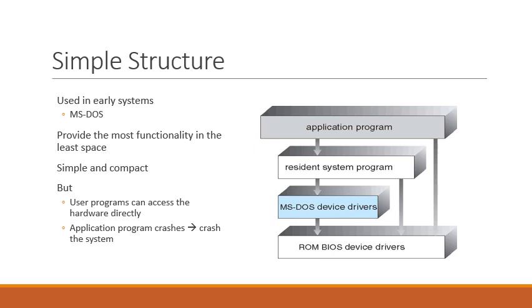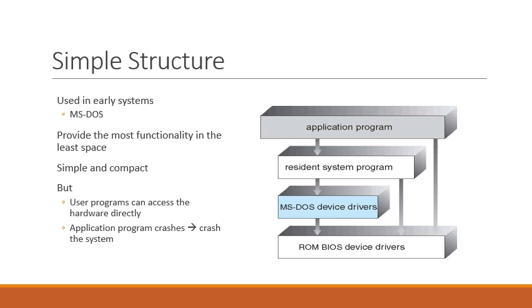This figure presents the structure of the MS-DOS operating system. The bottommost layer is the hardware layer. This layer contains the physical hardware devices and components and ROM BIOS device drivers.